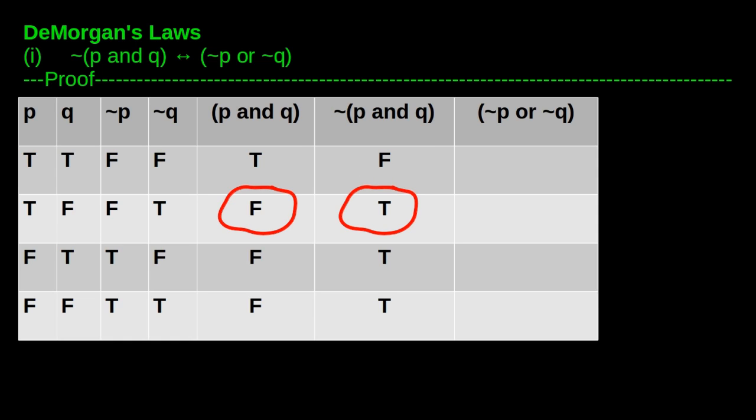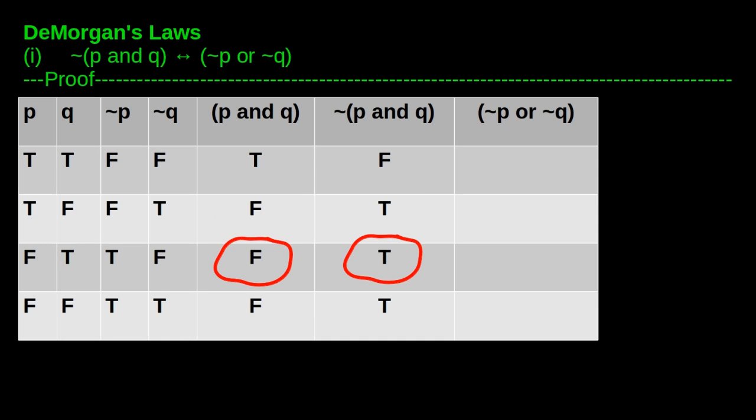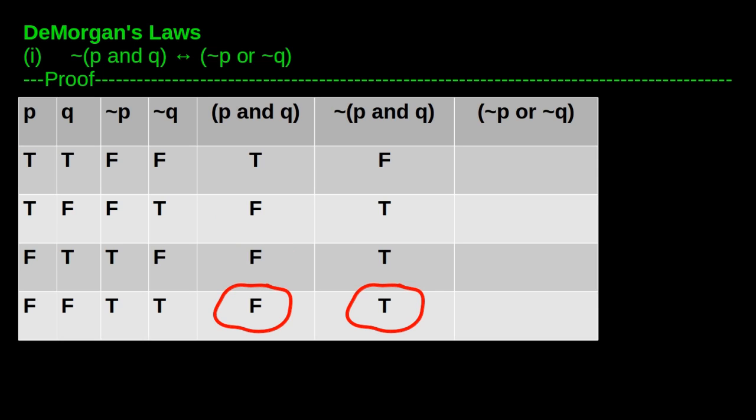In the third, fourth, and last rows, when P and Q is false, not (P and Q) is true. Surprise. All right, last column, this is what we were aiming for. It's false, true, true, true.